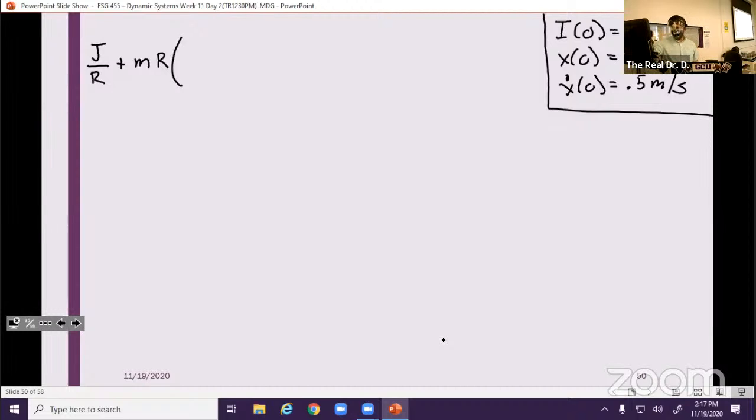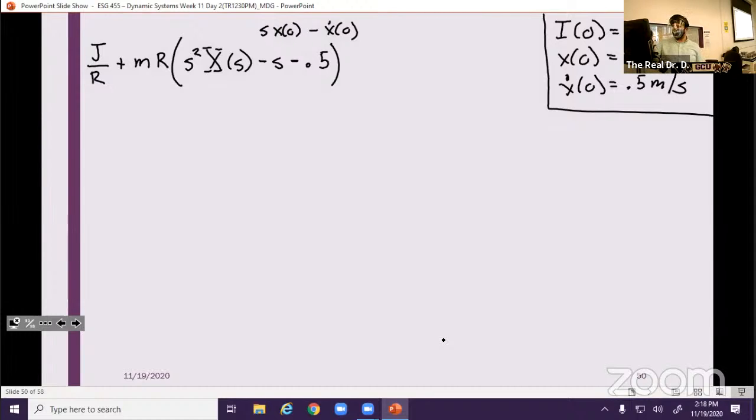So this is going to be s squared X of s minus s times x naught, which was 1, minus x dot naught, which was 0.5. I just subbed in as we went. But remember, it's s times x0 minus x dot. You don't remember that? That's fine, because you have the formula for how to find this.